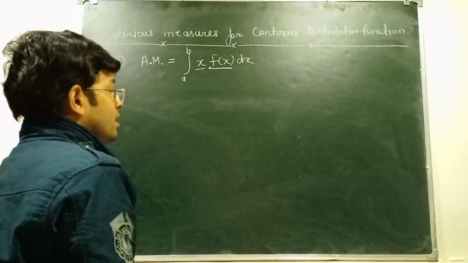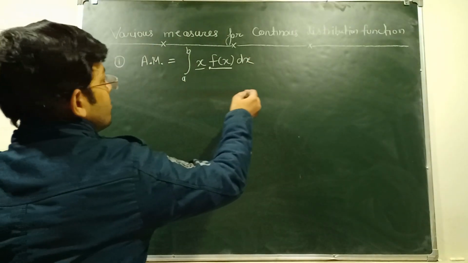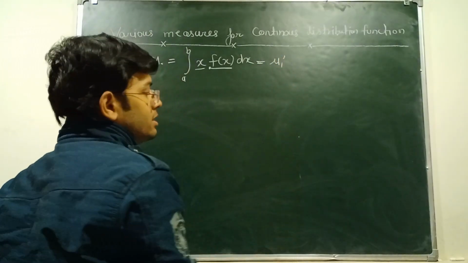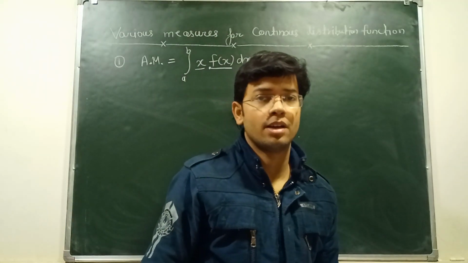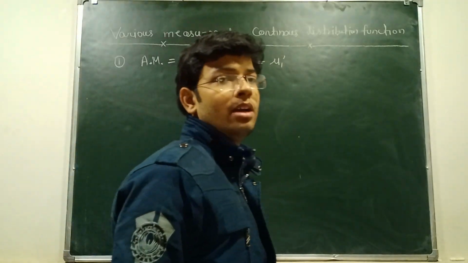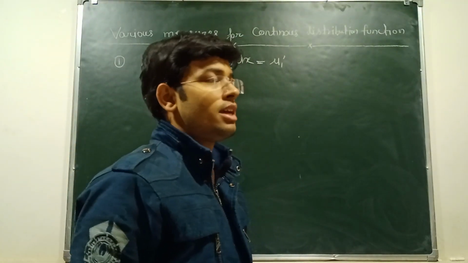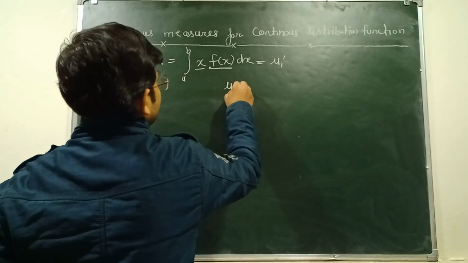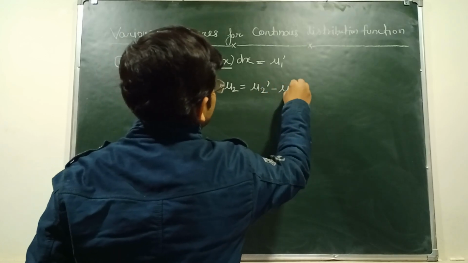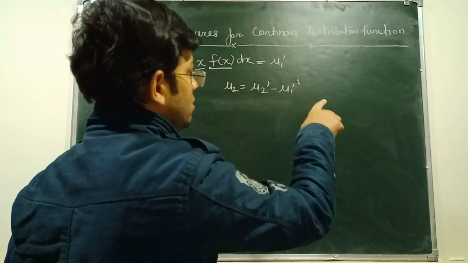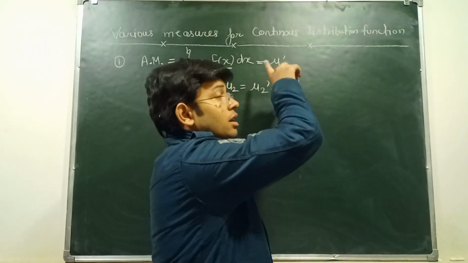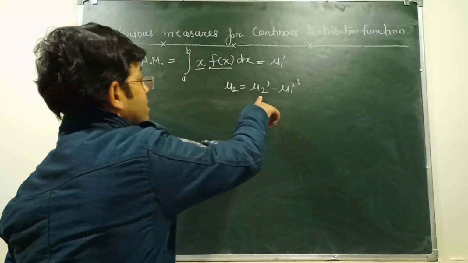We can write that the arithmetic mean is equal to mu1 dash, because this is the first moment. Suppose that we want to find the variance. In this case we have to find mu2 dash and mu1 dash, because mu1 dash is already found, since it is the arithmetic mean.